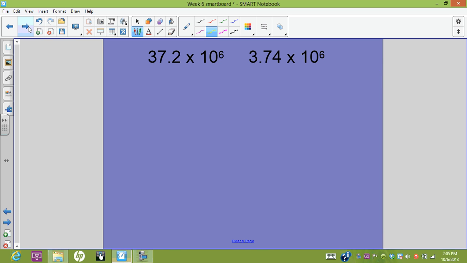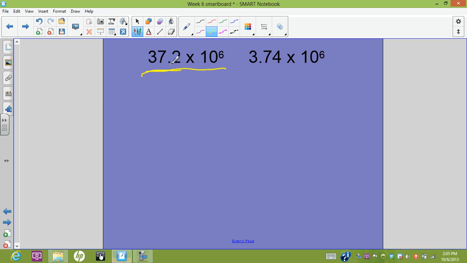In scientific notation, our decimal part has to be a number between 1 and 10. If we look over here, well, yeah, that's good. 3.74 is between 1 and 10. But if we look at our other number, 37.2, that is not between 1 and 10. 37 is much bigger than 10. So we have to fix this number and turn it into correct scientific notation.